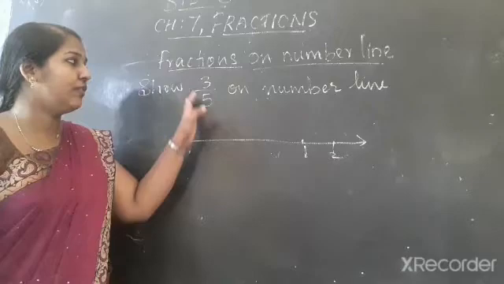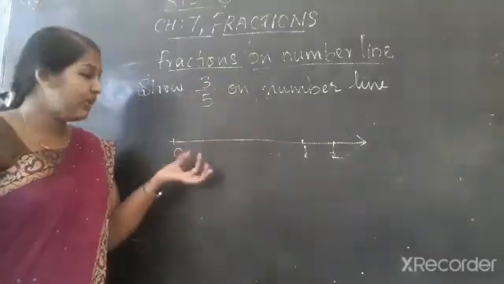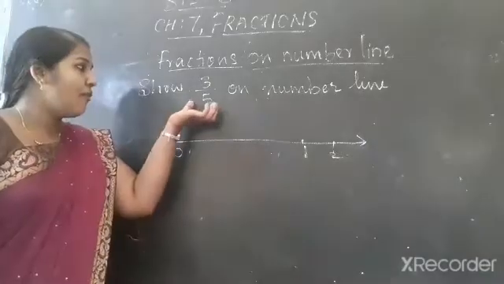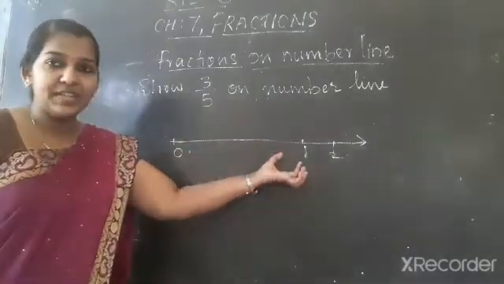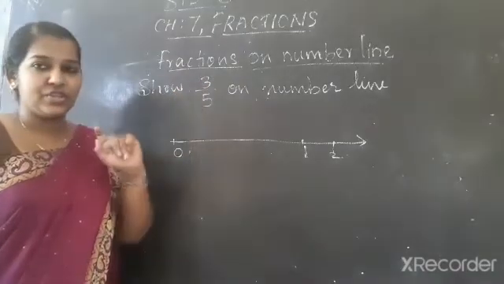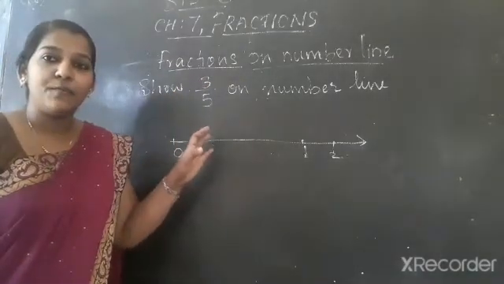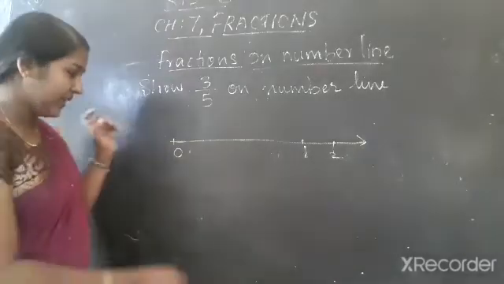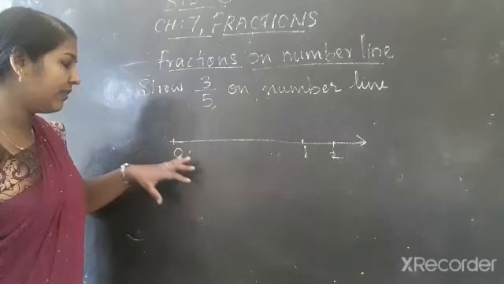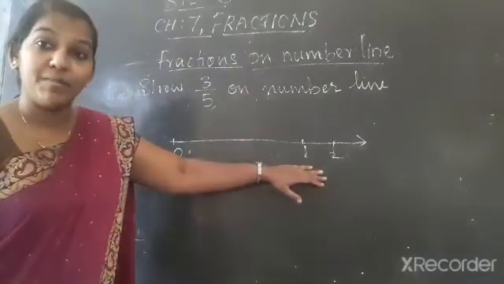The meaning of 3 by 5 is you have to take 5 divisions between 0 and 1, and then take the third division, and that will be the position of this fraction. Here the denominator is 5, so I am going to divide 0 to 1 into 5 parts.